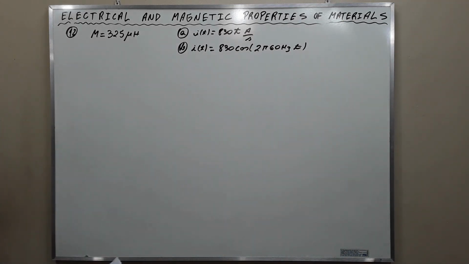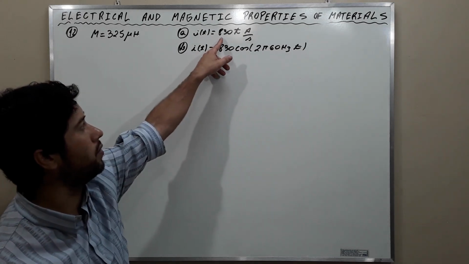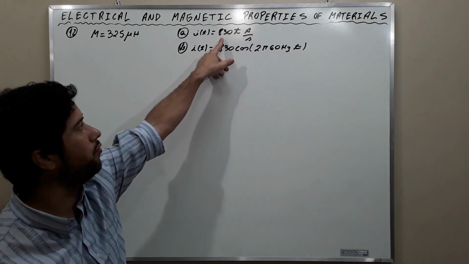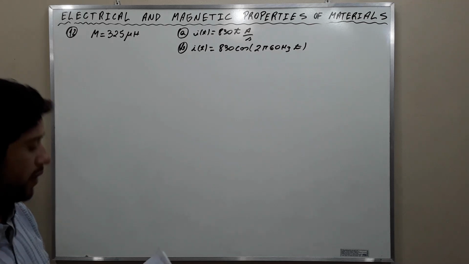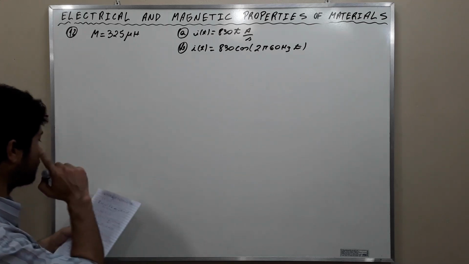In letter A, we need to calculate the magnitude of the EMF in the second coil for a current growing at a uniform rate of 830 amperes per second. All right?